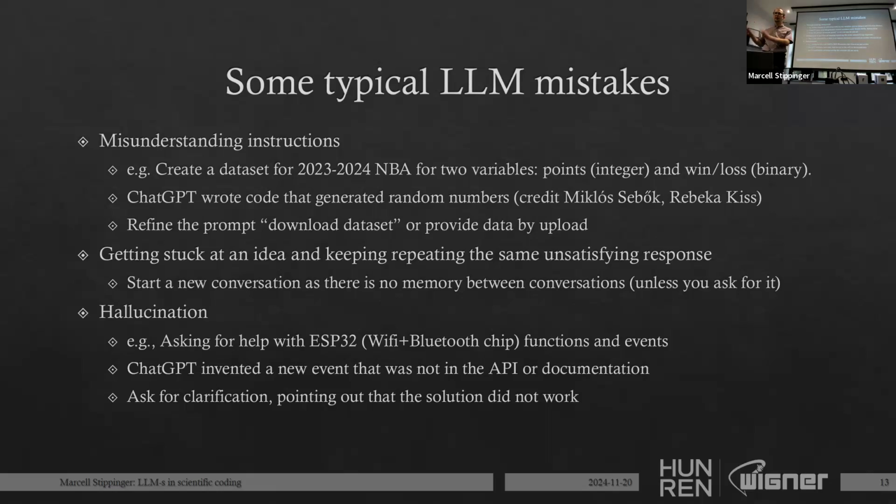They provided the number of matches and required the points scored and whether the match was won or lost. And ChatGPT understood: okay, I will create a data set for you, and wrote the code. And the code generated sensible random numbers. So they were integers in the range of the points scored in a basketball match, but they were just random.